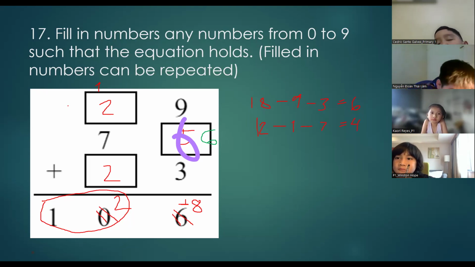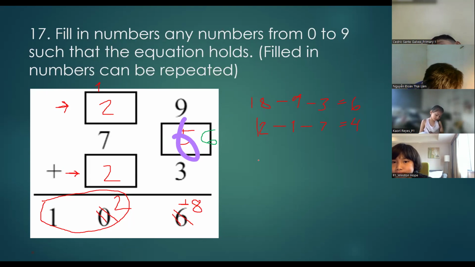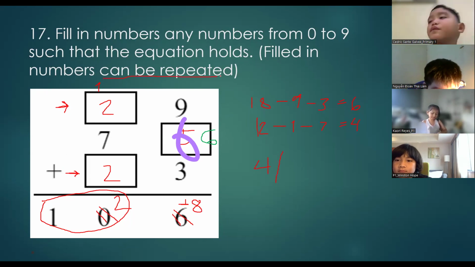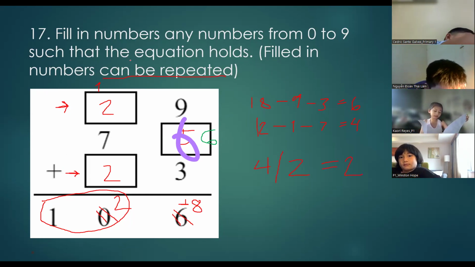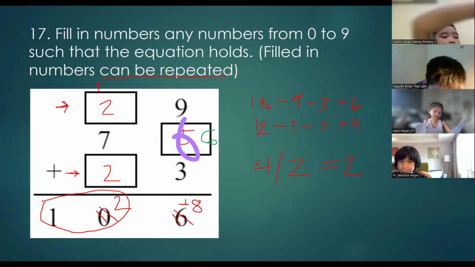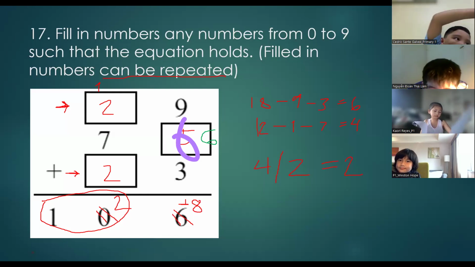So you have 2 boxes again, this one and this one. You could just divide 4 by 2 because again, numbers can be repeated. So 4 divided by 2, each box gets 2. But if it says here that numbers cannot be repeated, then what would be in the first box and the second box?